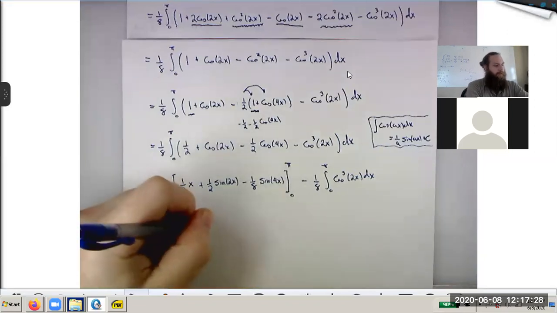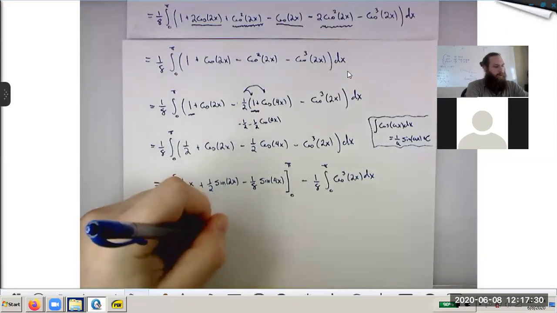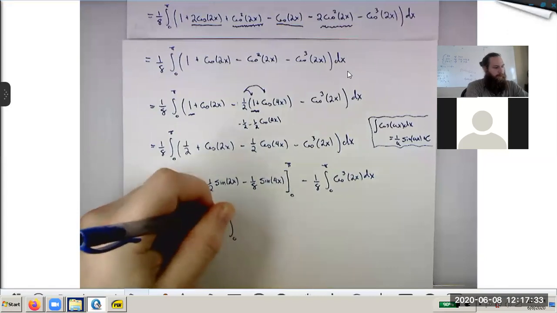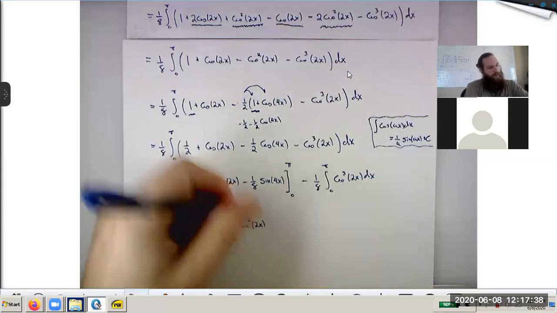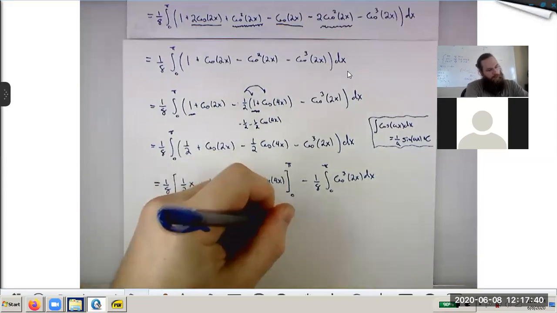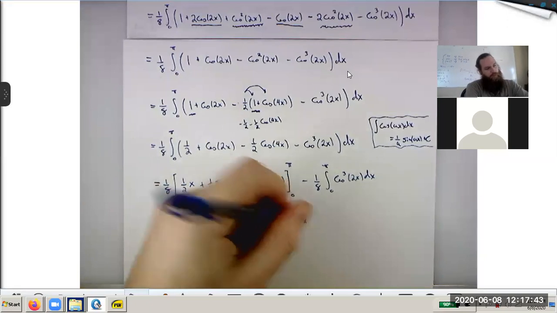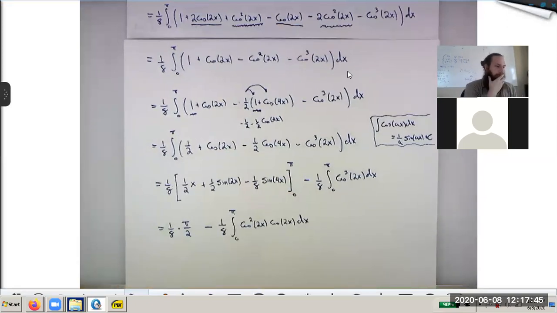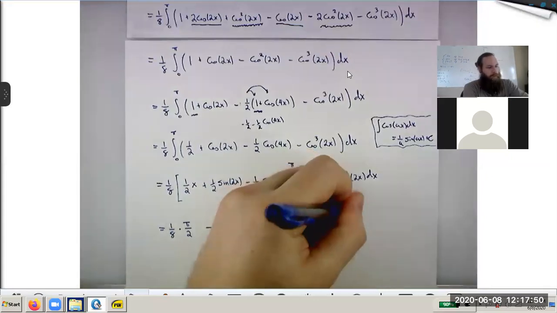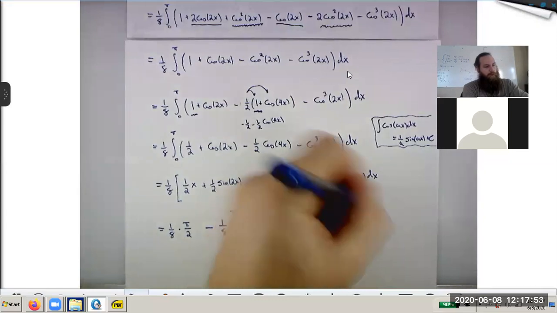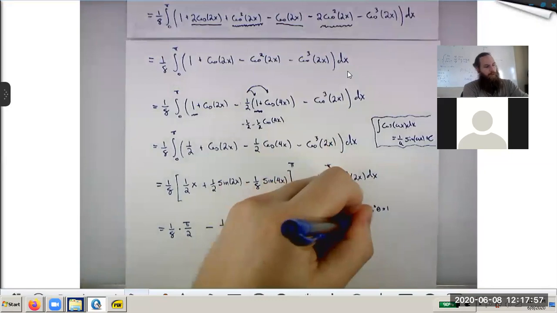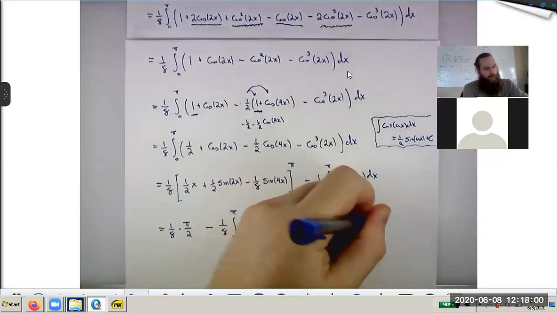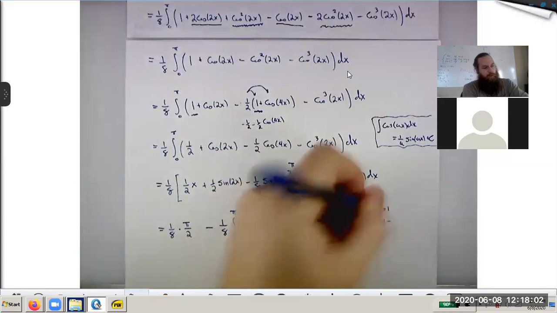So I have that minus 1/8 integral 0 to pi cos squared 2x times cos 2x. The cos squared of 2x I will rewrite. So remember that sine squared theta plus cos squared theta equals 1, which means cos squared theta is 1 minus sine squared theta.